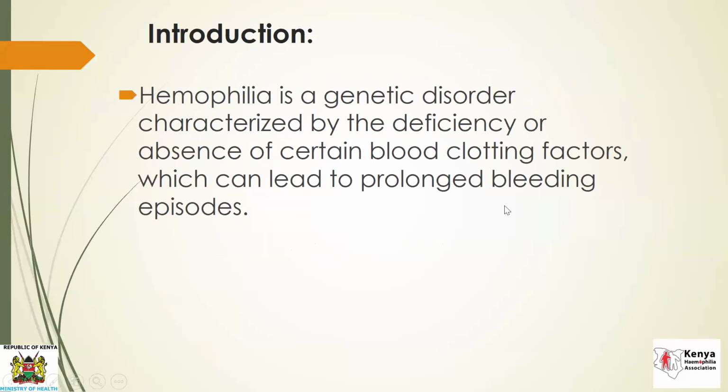So hemophilia is a genetic disorder characterized by deficiency or absence of certain blood clotting factors, which leads to prolonged bleeding episodes. I think those who attended yesterday's webinar, the doctor and the nurse were able to explain how this happens.